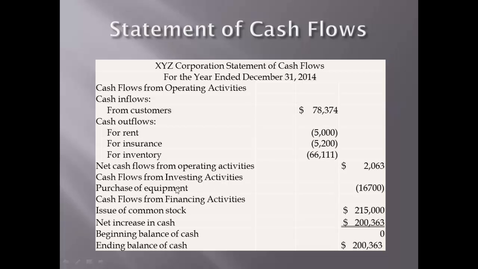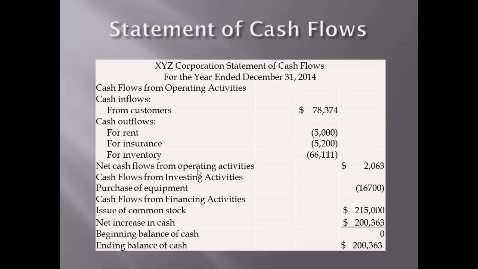Now, let's look at the investing activities section. Investing activities involve cash flows resulting from changes in investments and long-term asset items. Now, what this means is, under investing activities, examples of cash inflows would include cash from the sale of property, plant, and equipment like buildings and land.